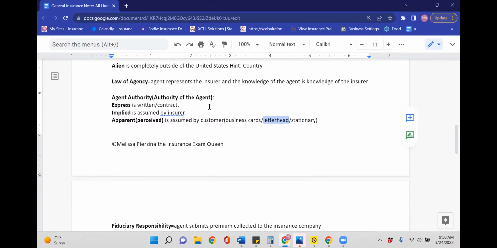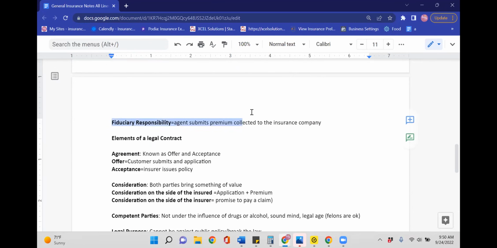Okay. All right. Fiduciary. As an agent, you are known as a fiduciary. A fiduciary is a person of trust.